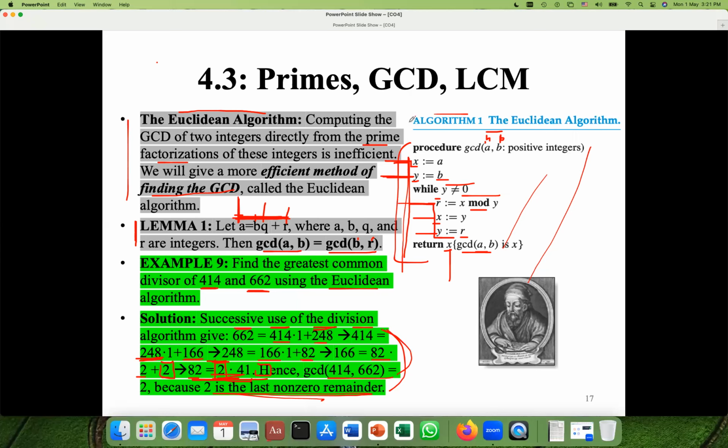You can go with the algorithm, okay? No issue. You can go with the algorithm because basically the concept is the same. The representation is different, but actually the concept is the same.